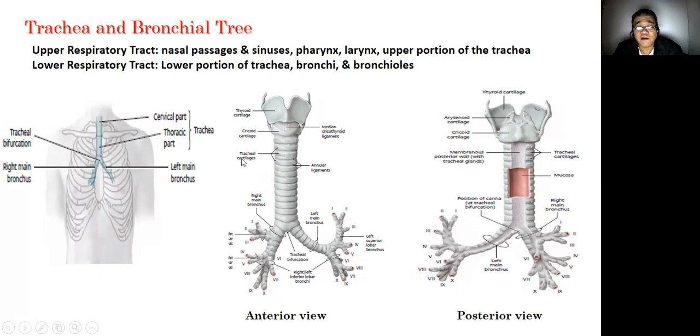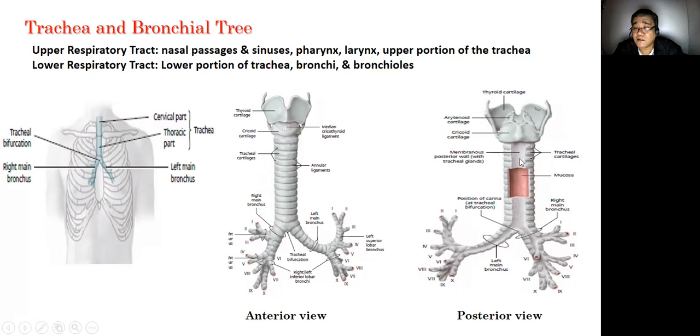And posteriorly, the tracheal cartilage is incomplete. That gap between the posterior ends of the tracheal cartilage is bridged by a muscle known as the trachealis muscle.